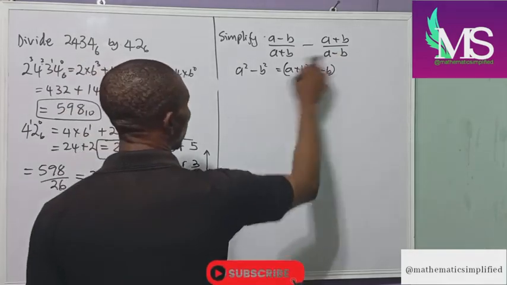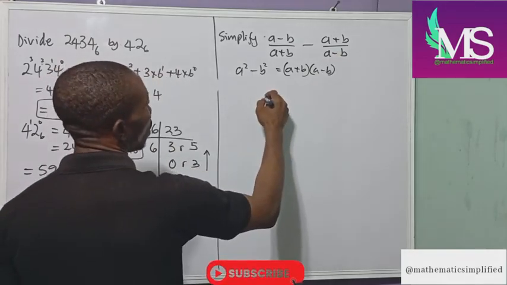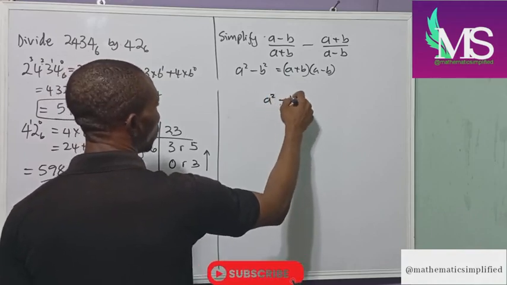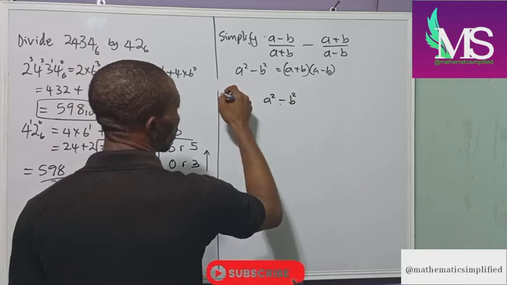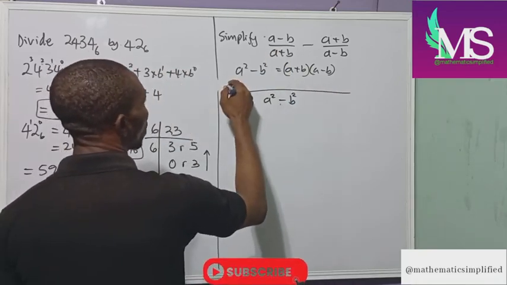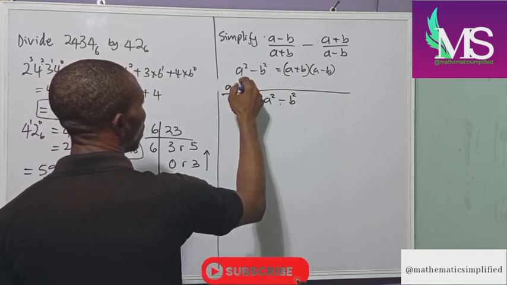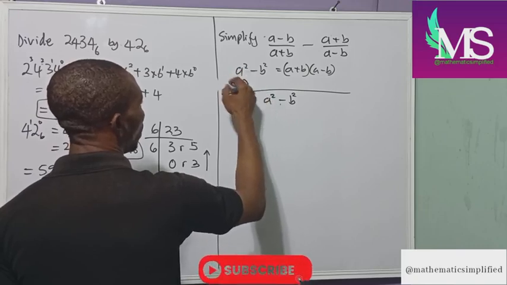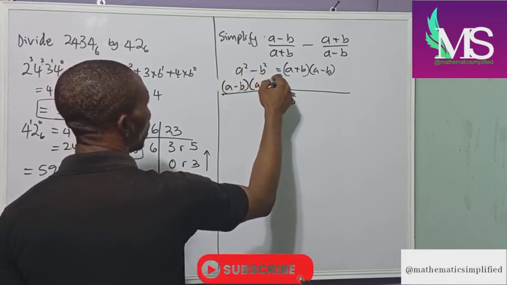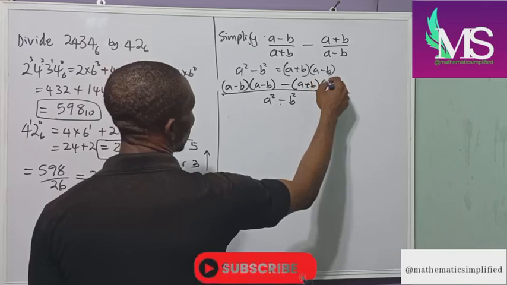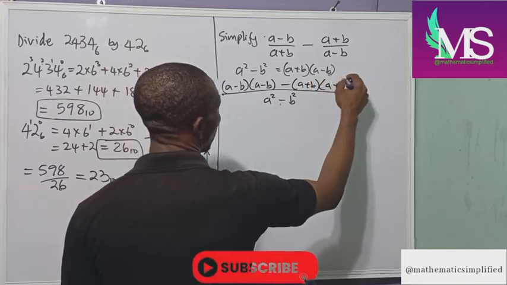So representing our denominator in this form, this becomes a squared minus b squared, alright, divided by (a minus b) times (a minus b), minus (a plus b) times (a plus b).